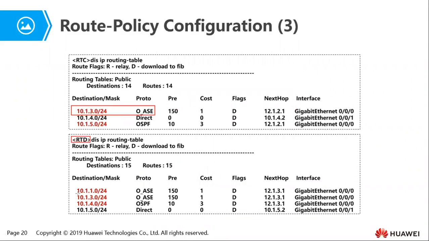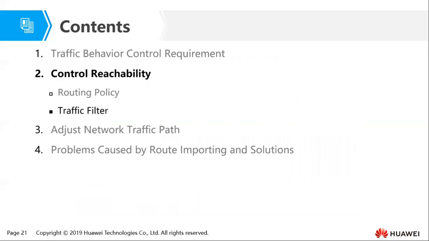RTD will learn these two external routes: 1.0, which is for the finance department, and 3.0, which is for the documentation department. So you can actually see that the configuration has worked, and now we've been able to control reachability using a filter policy. You can also use a route policy for that particular purpose.